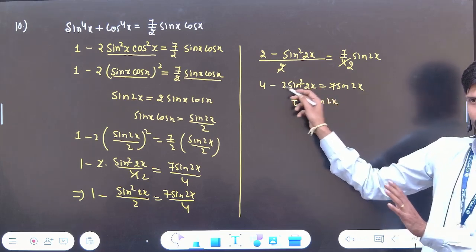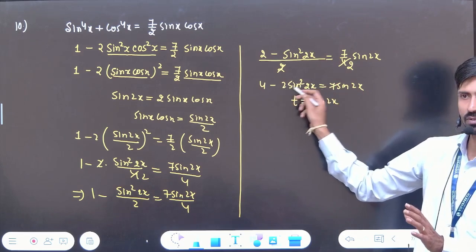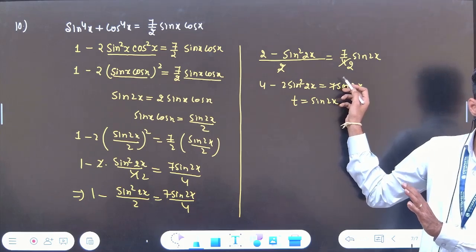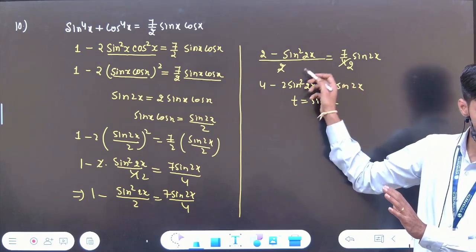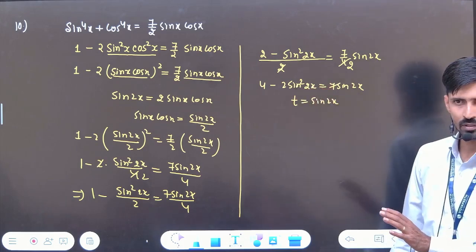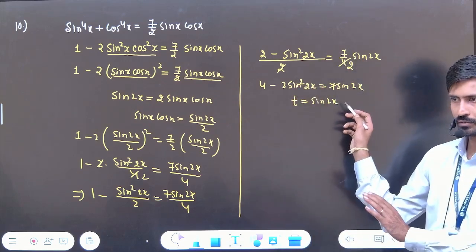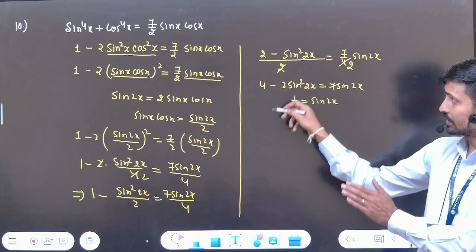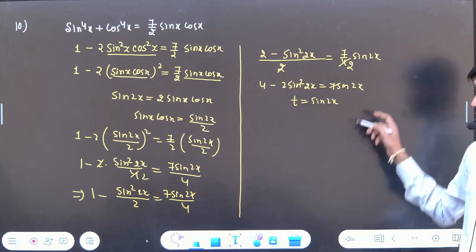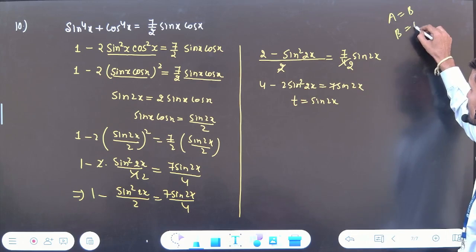Bring all the terms to one side. Always remember, whenever you are changing it into a quadratic, the square term should be positive. Here the square term is negative. When you bring this term to this side, the square term will have a negative number, yes or no? But make it positive, so we will take this term to that side. Suppose you write A is equal to B, you can write B is equal to A also.